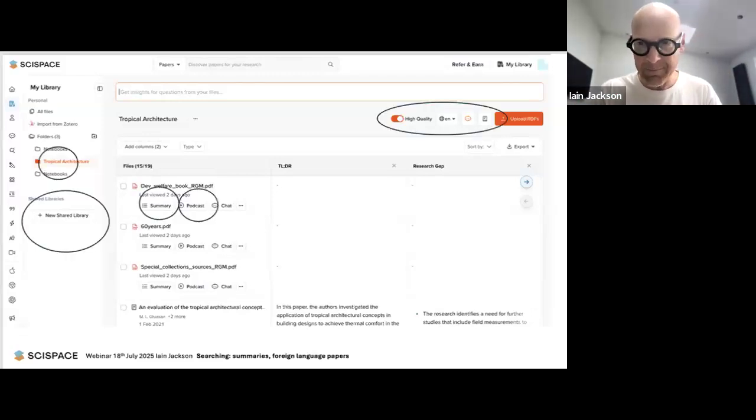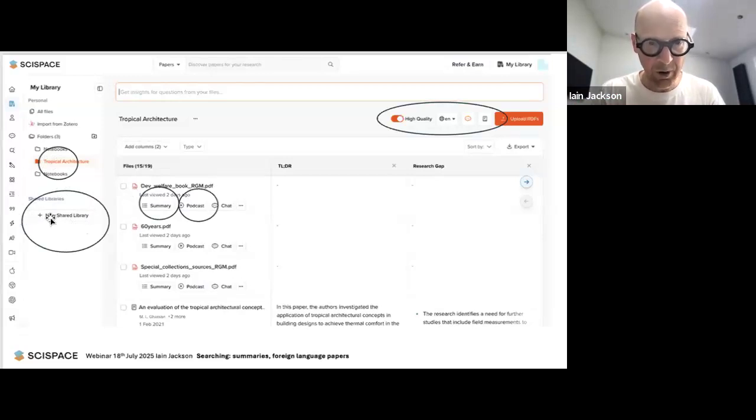So before I share that, these are some of the things you can quickly do. You can organize all your data into folders, keep things neat and organized. Hopefully you're all collaborating with other people, and you can even share your library with other people.